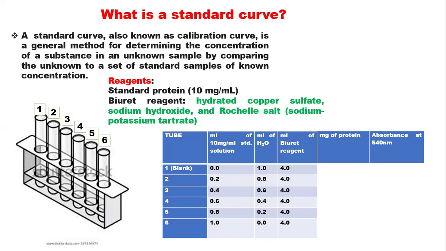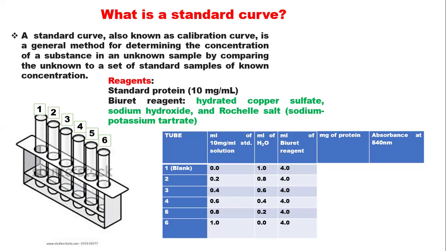So in each of the tubes, you have 4 ml of biuret reagent. What will differ is just the amount of water and the volume of the protein you are going to add, so that each tube will have a different concentration.